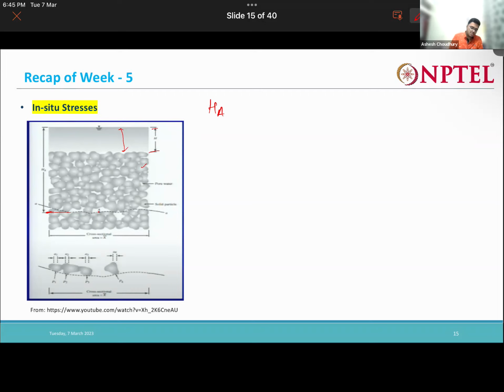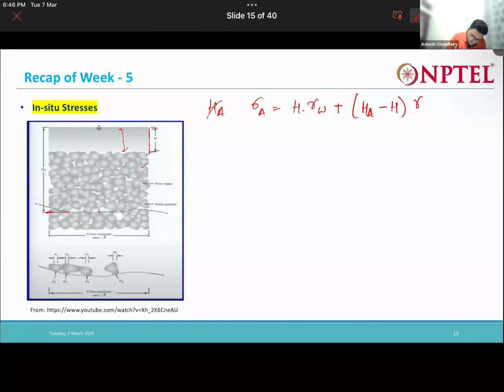So my total stress at this point A is given by sigma A equal to H into gamma W, that is, the stress due to this water, plus HA minus H into gamma saturated.